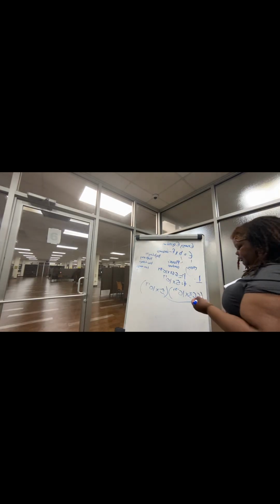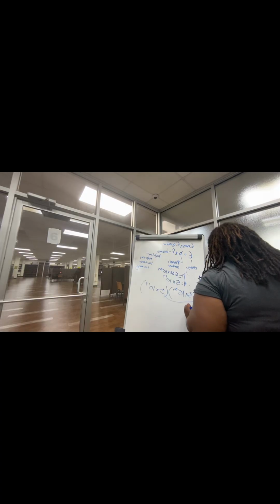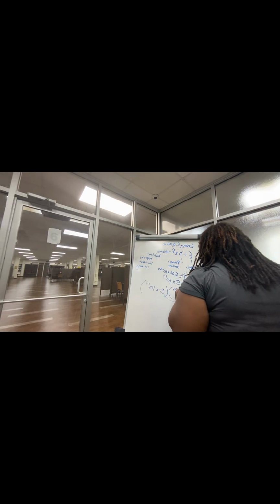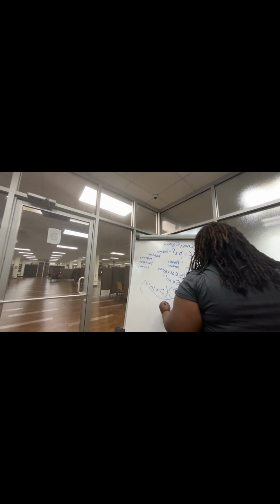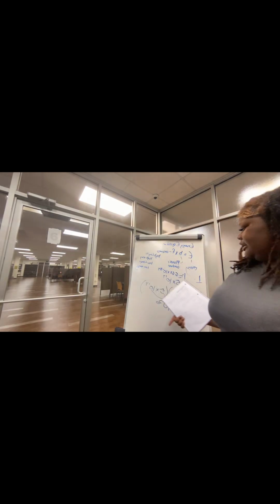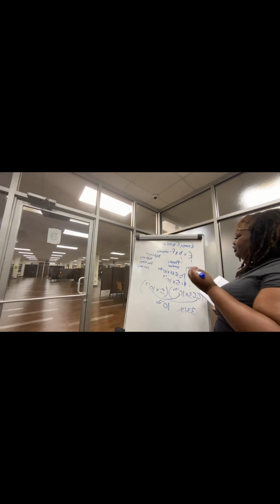6.63 times 5 equals 33.15. 10 to the negative 34th power and 10 to the negative 14th is 10 to the negative 20th power, because they're both exponents, and when you're doing exponents, you have to subtract or add.